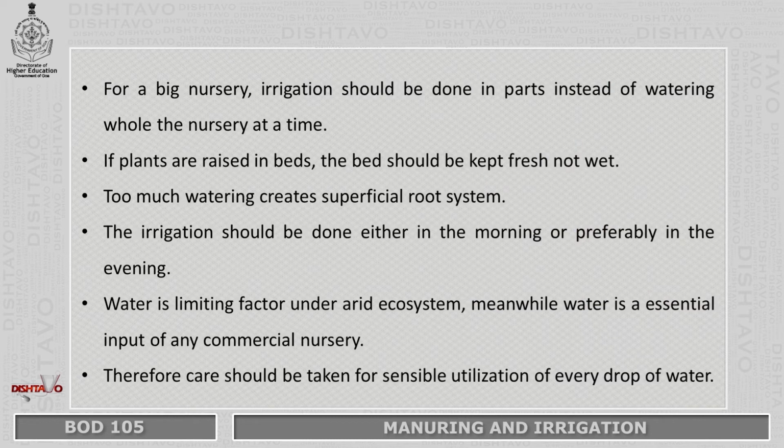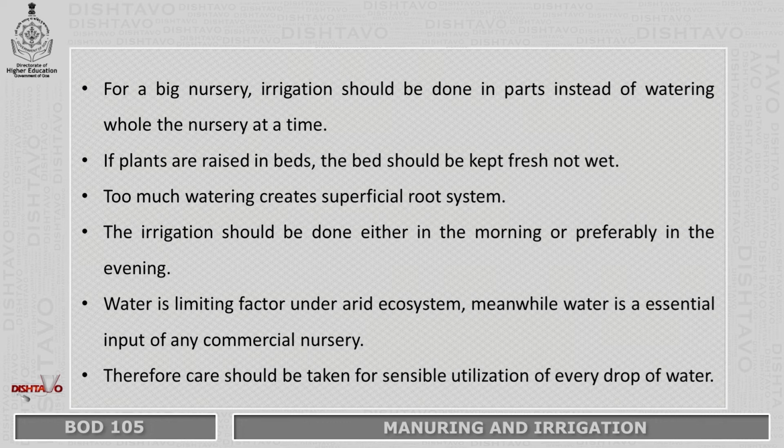For a big nursery, irrigation should be done in parts instead of watering the whole nursery at a time. If plants are raised in beds, the beds should be kept fresh, not wet. Too much watering causes decaying of the root system. The irrigation should be done either in the morning or preferably in the evening.